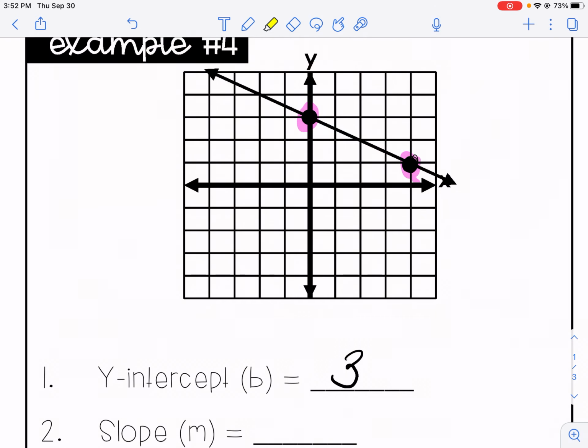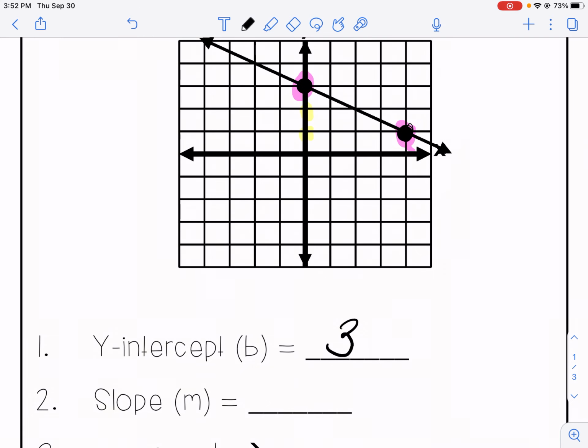So our rise is a negative rise. Down 1, down 2. So my rise is -2. And then my run is to the right, 1, 2, 3, 4.